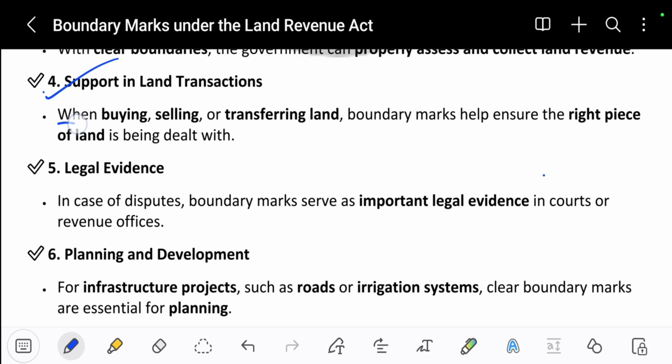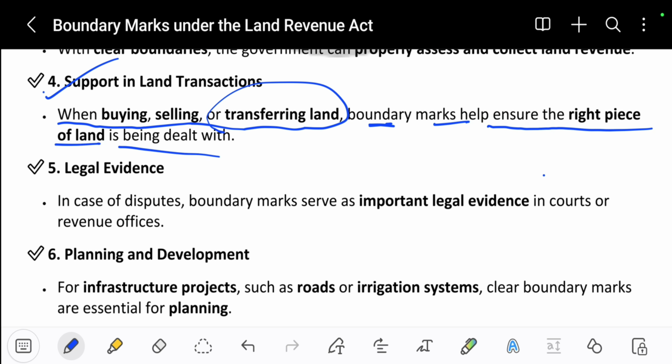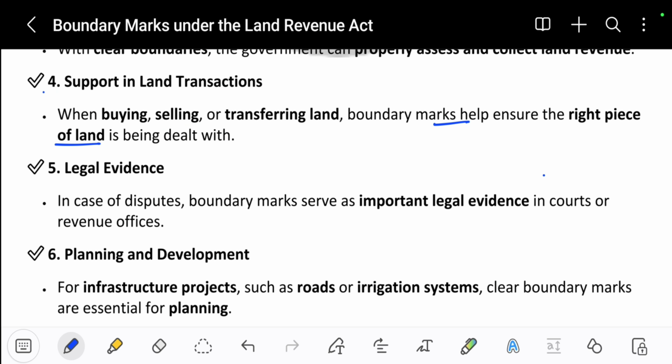This is mentioned here: when buying, selling or transferring, boundary marks help ensure the right piece of land is being dealt with. So if the lands have proper boundary marks like this and like this, it can help easily transfer a property. Without boundary marks, transferring a property is a super difficult task.